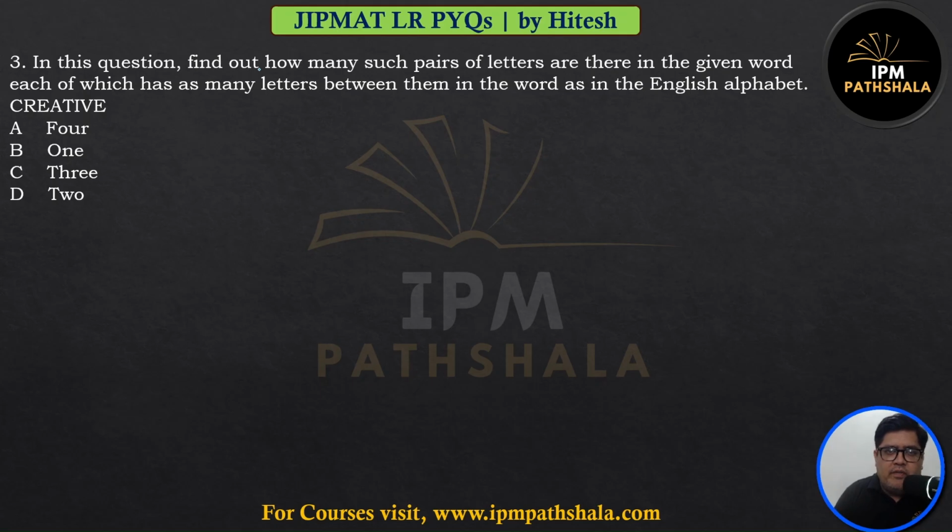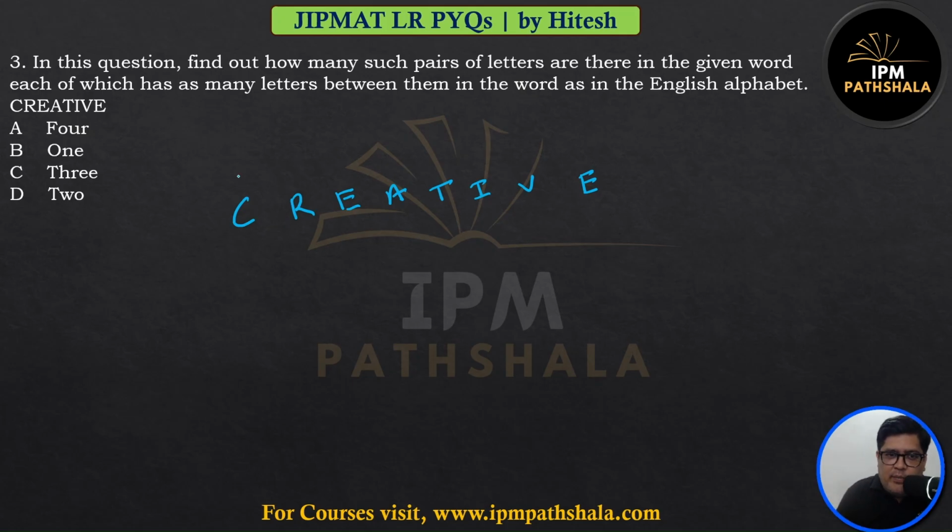In this question, find out how many such pairs of letters are there in the given word creative, which have as many letters between them in the word as in the English alphabet. So we have C, R, E, A, T, I, V, E. One way is through numbers, one way is by basic counting.